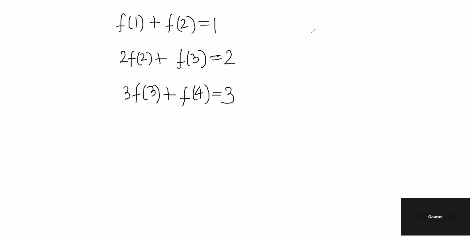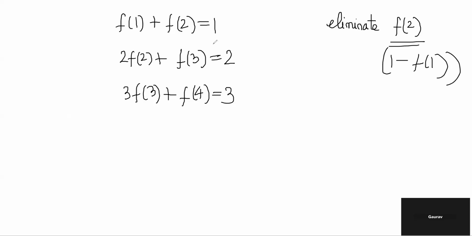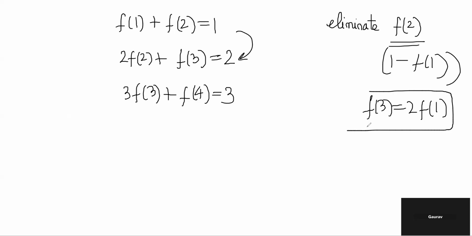Now, we did what? We eliminate one by one all the variables. So, eliminate f of 2 first, by using f of 2 is equal to 1 minus f of 1, right? We put that here. We got f of 3 from there is equal to 2 times f of 1. And then we eliminated that from this equation.